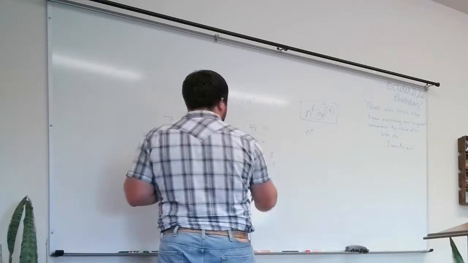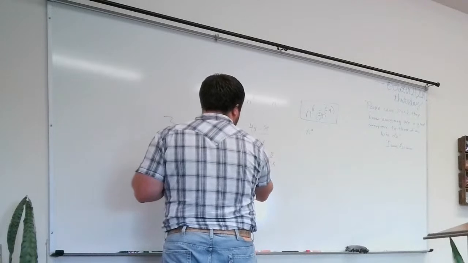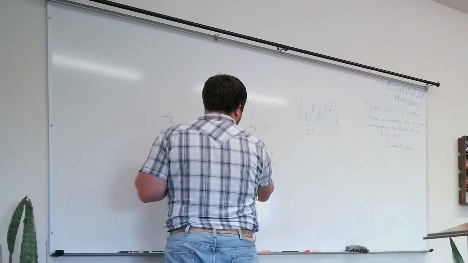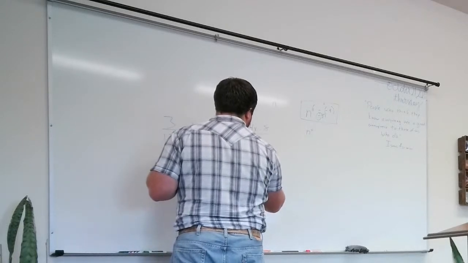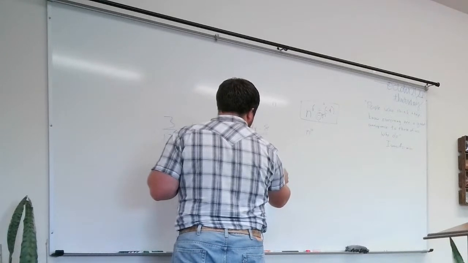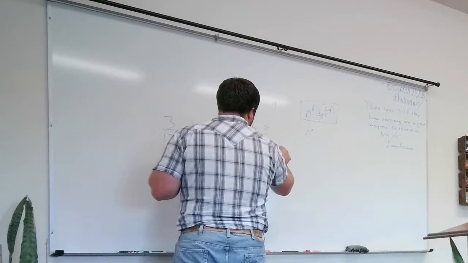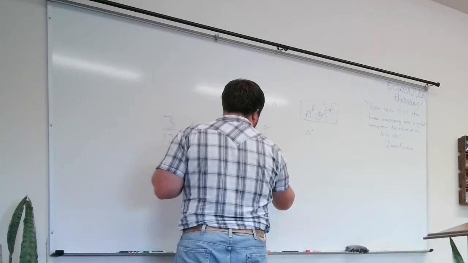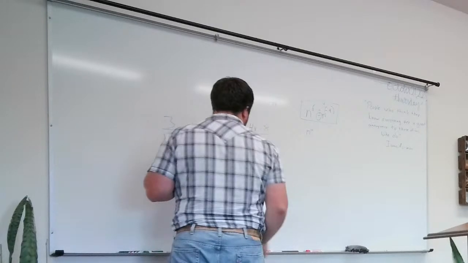Obviously, this cancels out. This, you get a 2, 1 over 1, so that would be a 2. 2 goes into 8, 4. Correct.